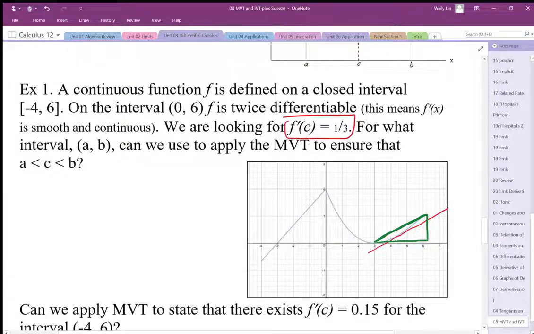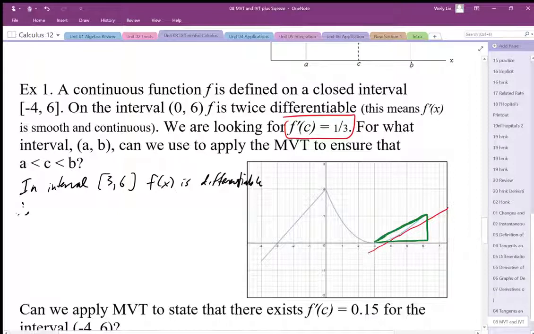So in the interval between 3 and 6, f is smooth and continuous, and I'm just going to say differentiable. Therefore, the mean value theorem can be applied.